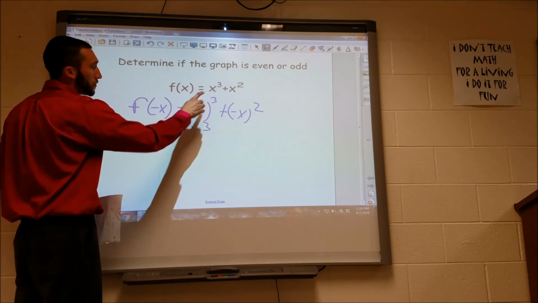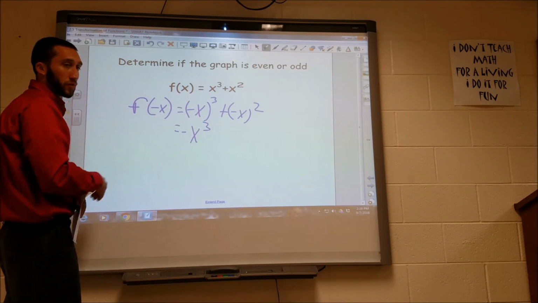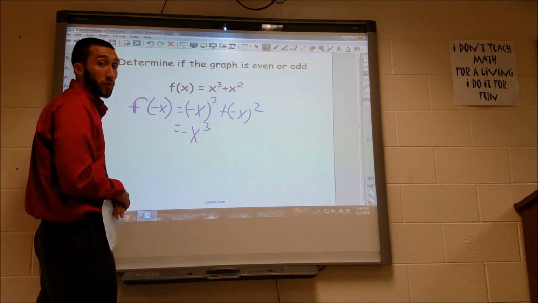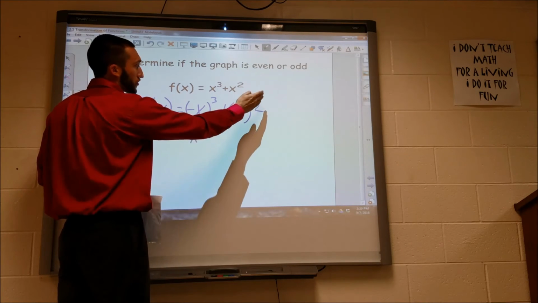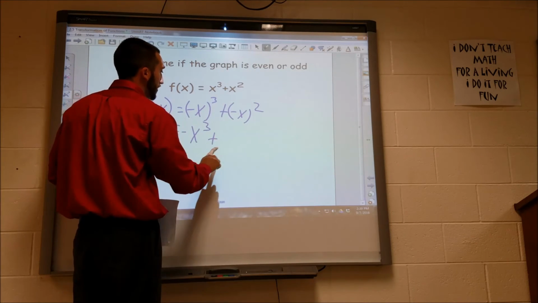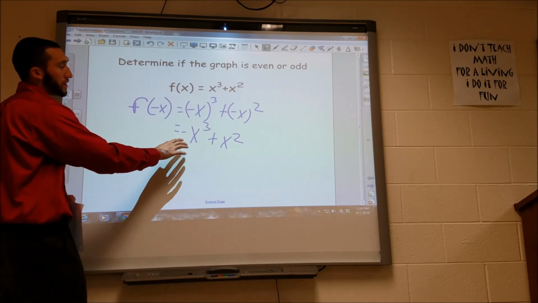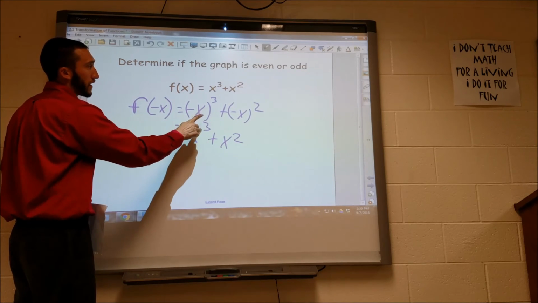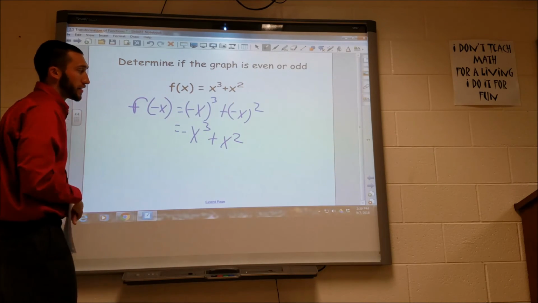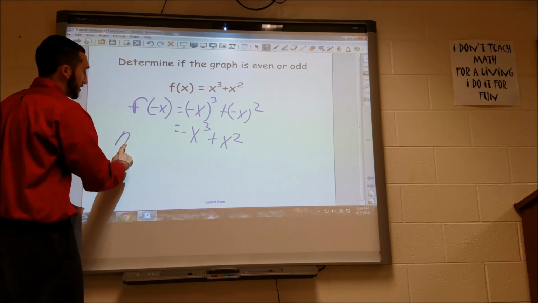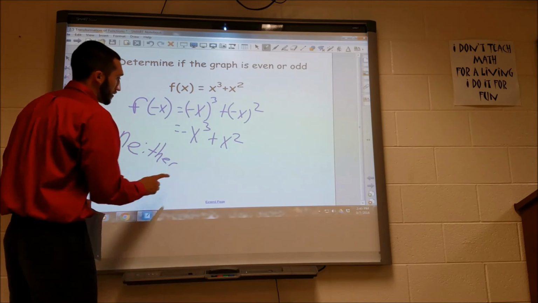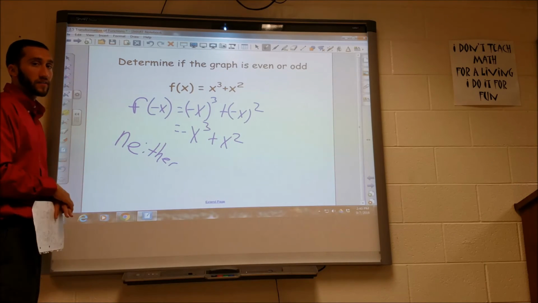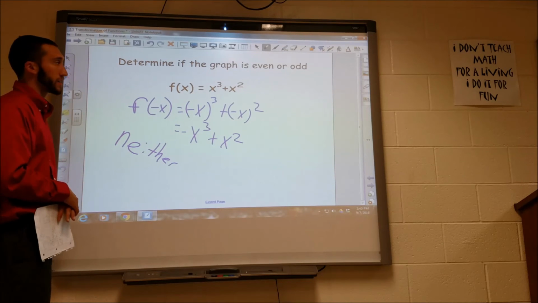So it is going to change that sign. However, this one is squared, so our negative x will stay a positive x after it's squared. So here we can see that the only sign that changed was the first term. This is now a negative x cubed, but this is still an x squared. So I did not change all my signs, so this is neither. If I don't change all of the signs or none of the signs, it's neither odd nor even.